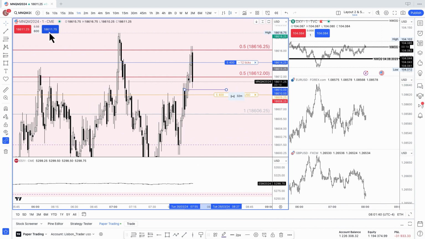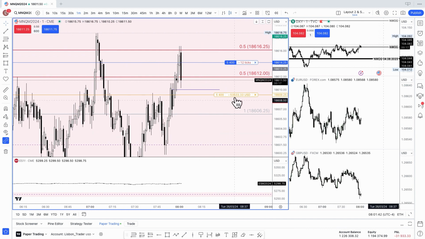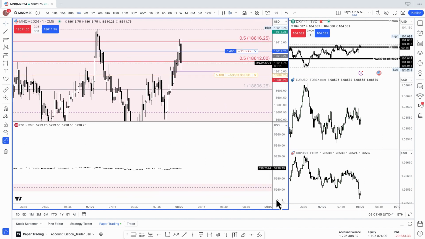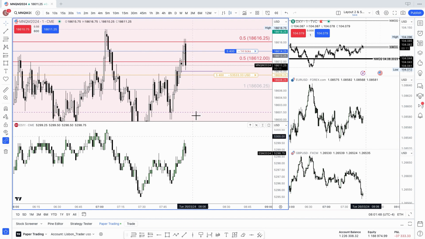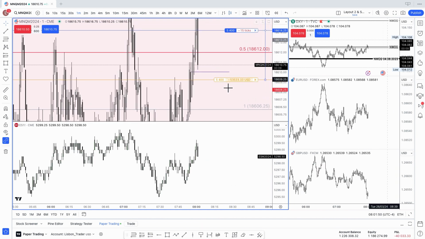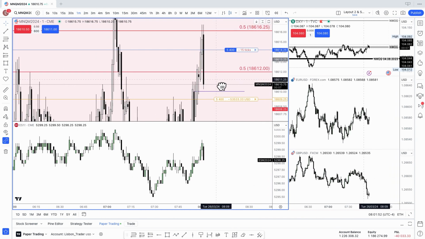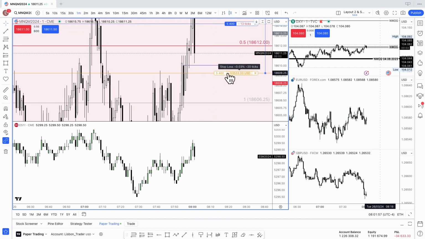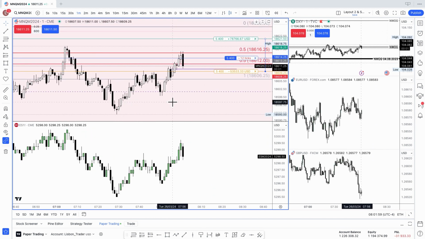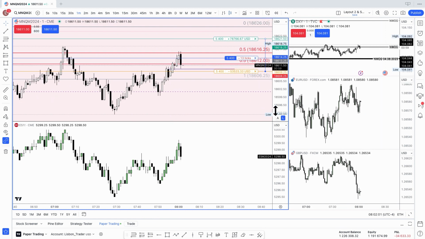See, 50k there. What's happening with ES? Looking bullish. So see if my stop is safe there.